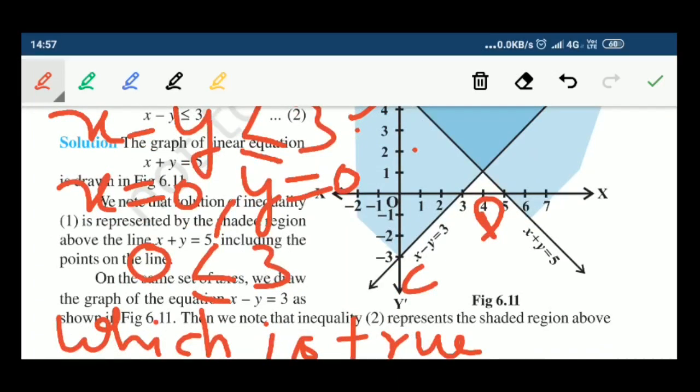Which is true. So with the help of this result, we will say the shaded region of this CD line is above the line, it is towards the origin. So this is the shaded region.